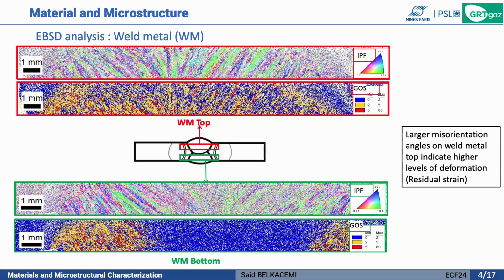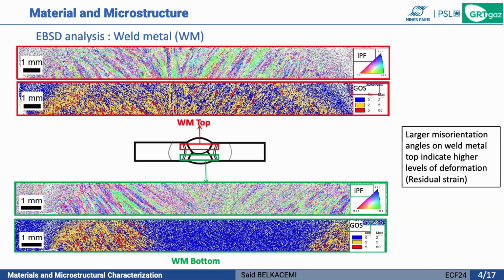We have also performed some EBSD analysis to get some information about the microstructure of the weldment. So here we have the inverse pole figure and the grain orientation spread of the weld metal top and weld metal bottom. If we compare the inverse pole figure, we can see this difference in the grain shape. So we have a columnar grain in the weld metal bottom, and we have a polygonal grain in the weld metal top.